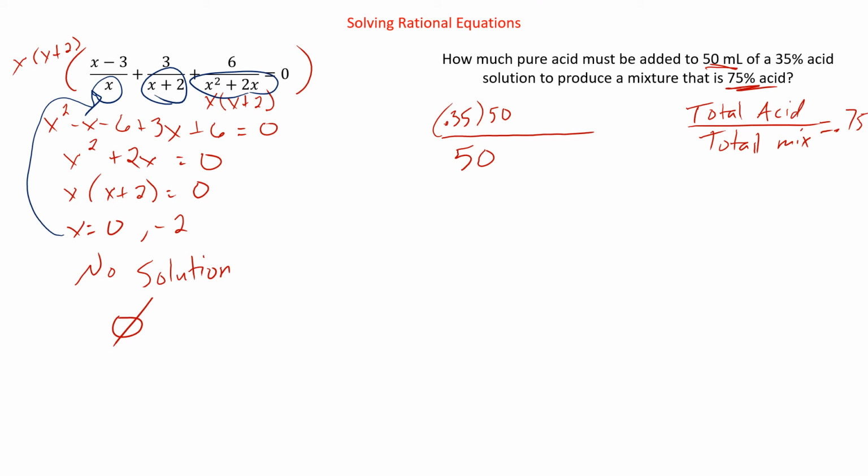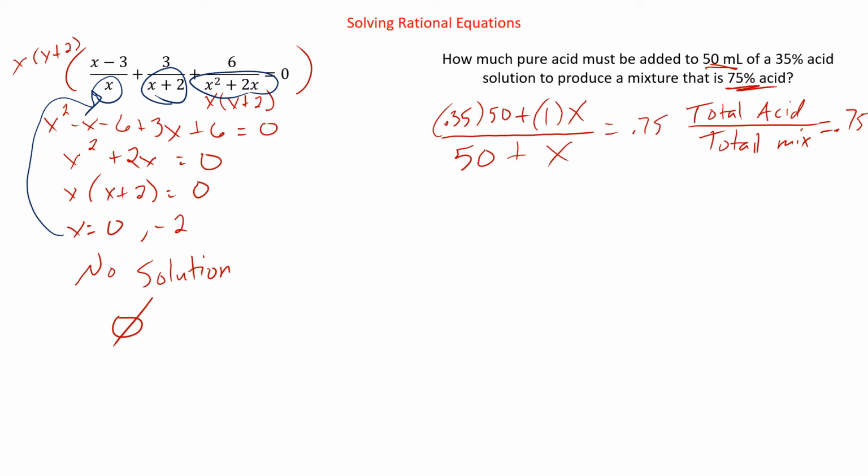And then we're going to be adding stuff to it. We're adding pure acid, so plus, since it's pure acid, that's 100%. So I'm just going to say 1 times x. We don't know how much of it we're adding, but that's also increasing the total. So the x will be down there as well, and that will equal 0.75.